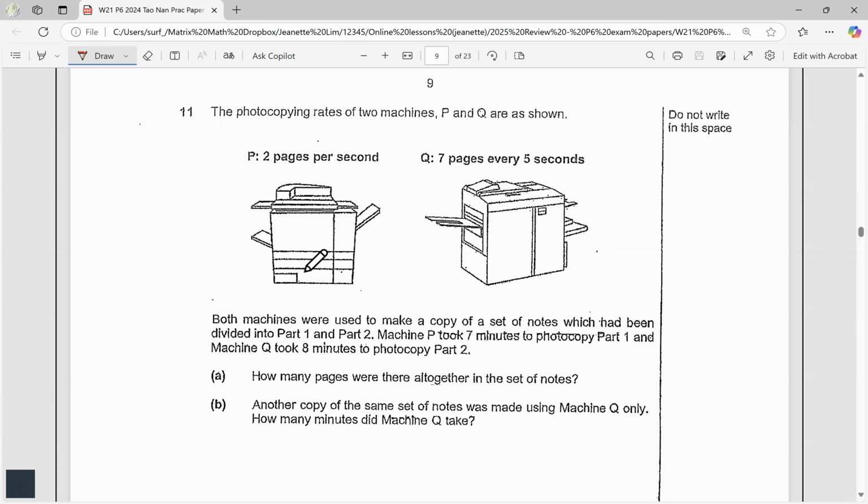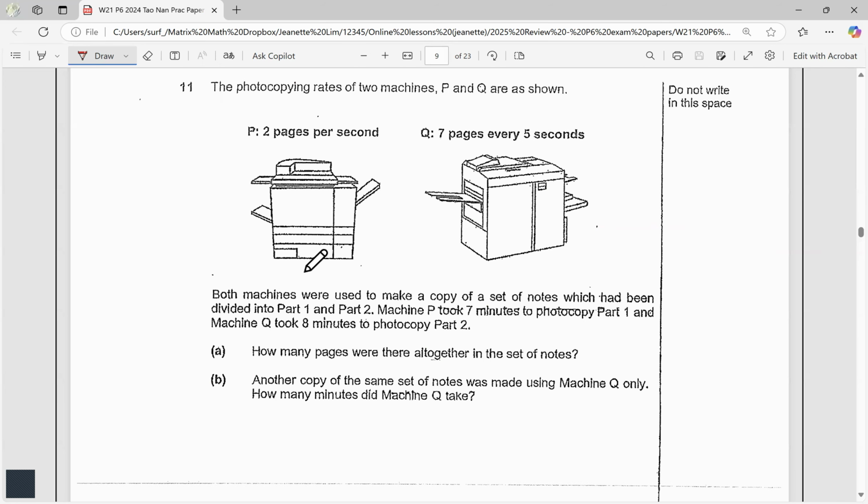Okay, P photocopies only part 1 of the notes. Let's find out how many pages that is. It took 7 minutes, so I need to change to seconds because this is per second. Let's convert 7 minutes into seconds. You multiply it by 60, you get 420 seconds. Let's convert 8 minutes as well: 8 times 60, 480 seconds.